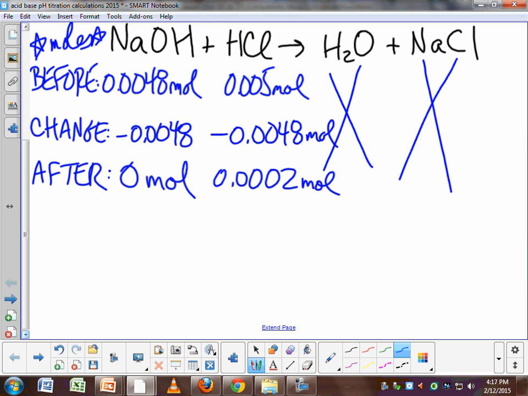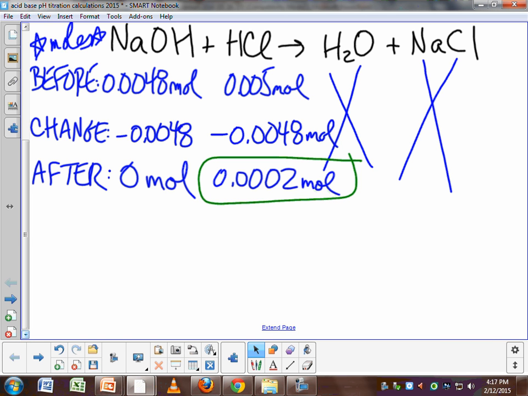Yes, I've generated some water and some NaCl, but it doesn't affect the pH, so I'm not going to be concerned with how much I have created. The big thing that we're looking at is this right here. What is in our flask? 2 times 10 to the minus 4th moles of hydrochloric acid. That's what's controlling pH. With that in mind, we can now start moving towards our pH calculations.